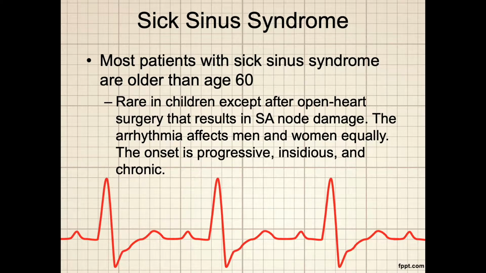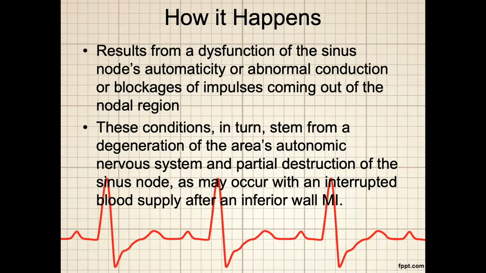It is rare in children, except after open heart surgery that results in SA nodal damage. The arrhythmia affects men and women equally. The onset is progressive, insidious, and chronic. Sick sinus syndrome is a result of the dysfunction of the sinus node's automaticity or an abnormal conduction or blockages of impulses coming out of the nodal region.